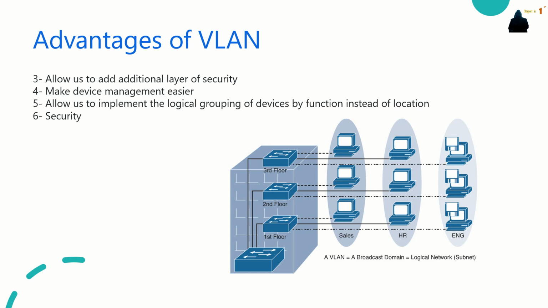Another advantage is that it allows us to add an additional layer of security. VLANs improve network security. In a typical layer 2 network, all users can see all devices by default. Any user can see network broadcasts and respond to them. Users can access any network resources in our network.